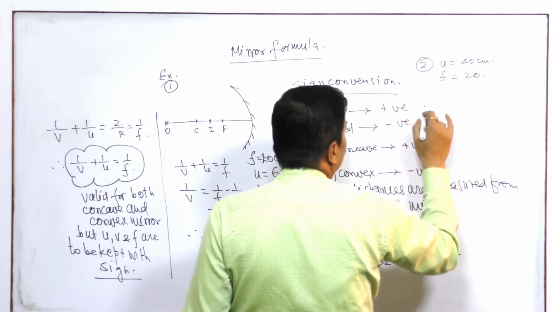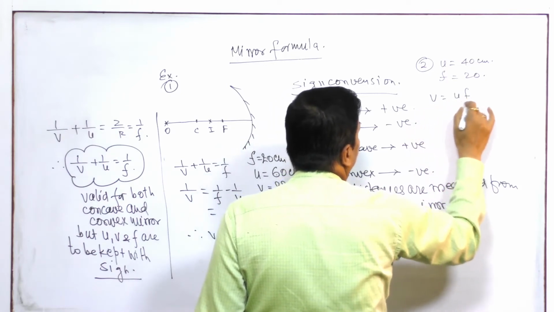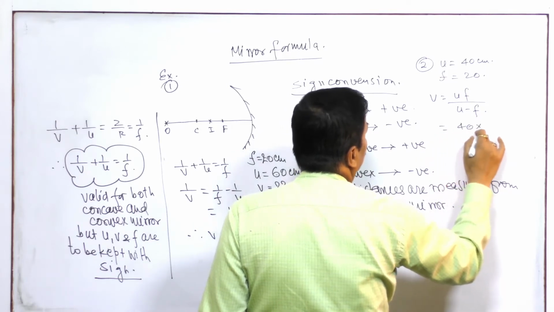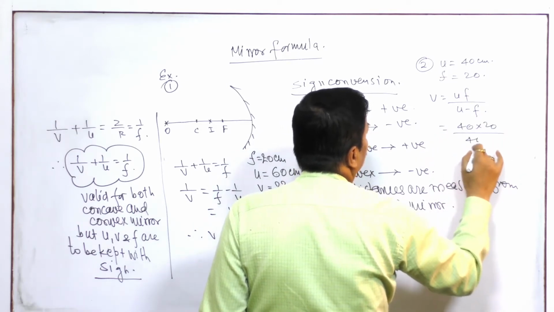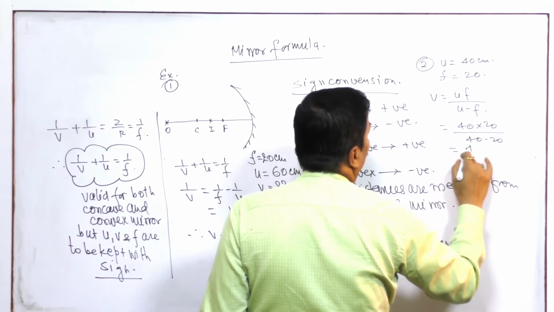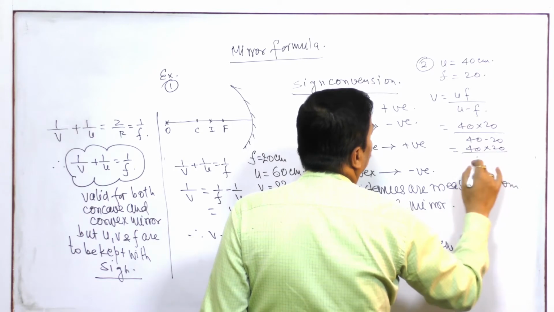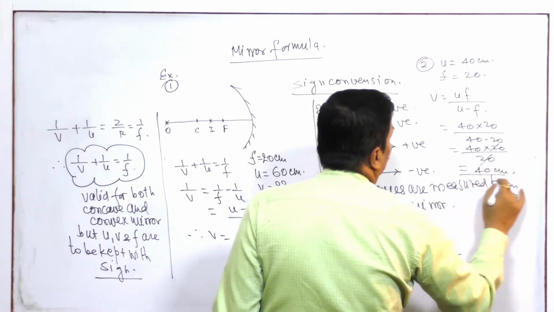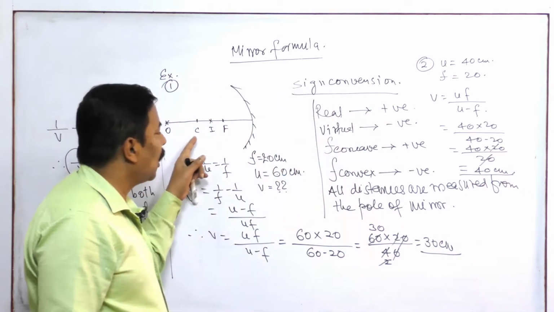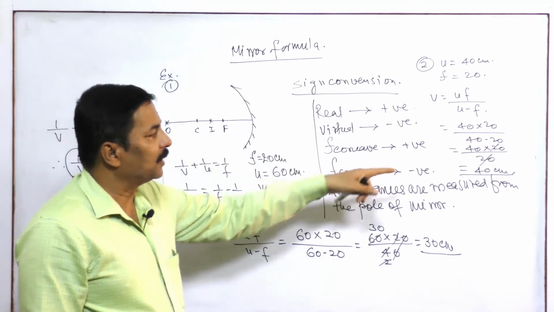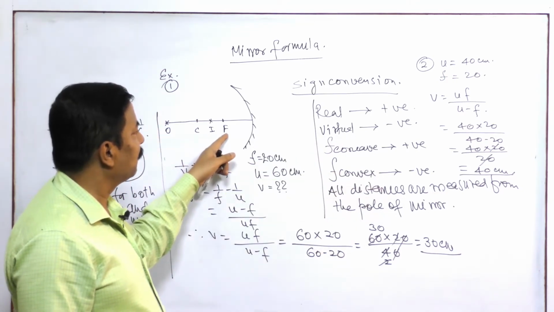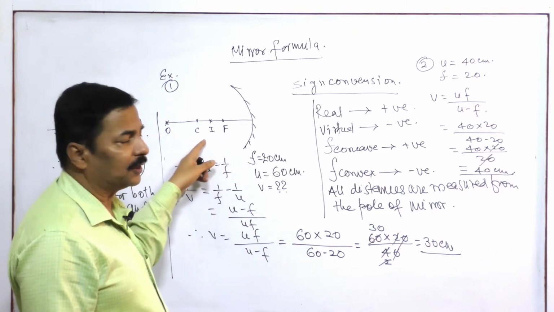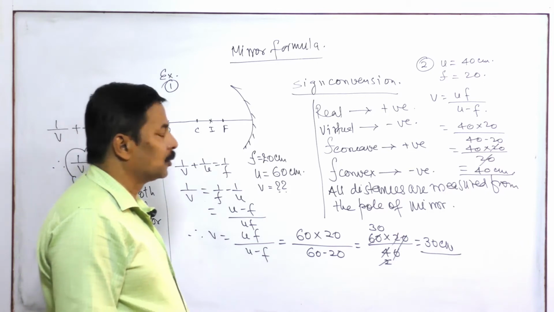So V is equal to UF by U minus F, that is 40 into 20 by 40 minus 20, that is 40 into 20 by 20, the 20s cancel, and 40 centimeter is the result. This is also verified: when the object is at the center of curvature, the image is also at the center of curvature, because F is 20 and R is 2F, that is 40 centimeter. So the second condition is also verified.